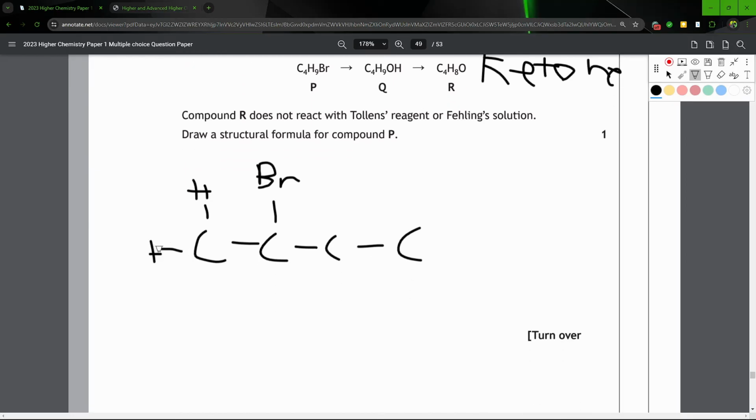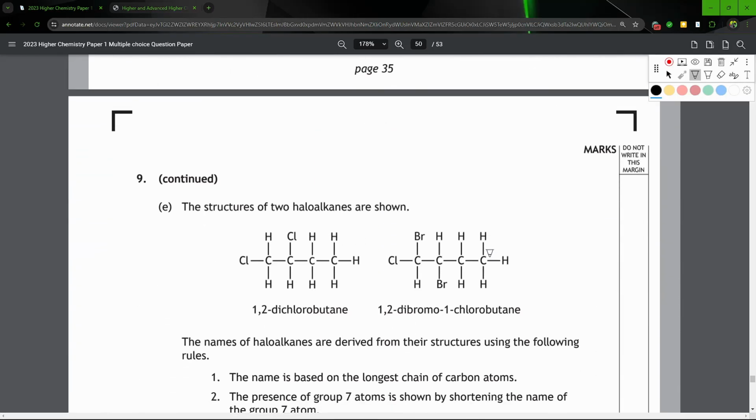Since we do have a molecular formula for this, we can double check that we've got the correct numbers of ingredients. We've got 4 carbons and a single bromine, so that's fine. And how many hydrogens? 1, 2, 3, 4, 5, 6, 7, 8, 9, which is what we got. So we know that's probably the correct answer.